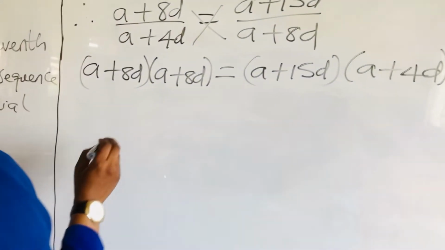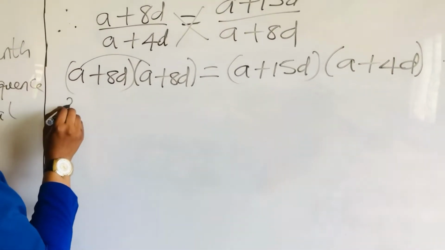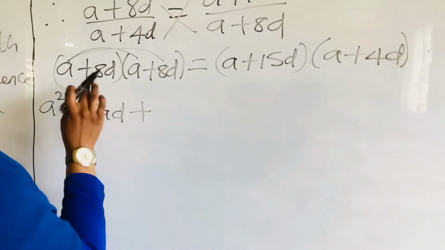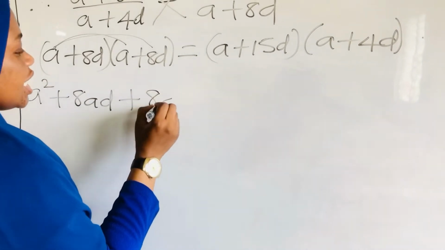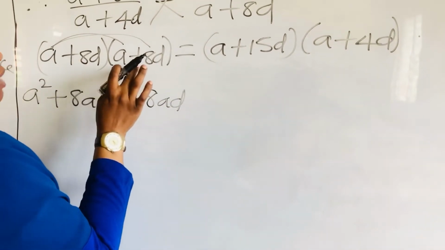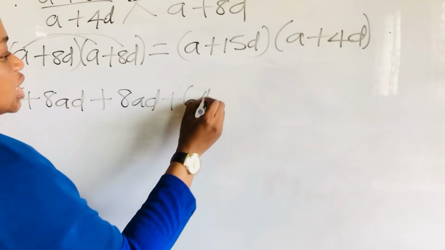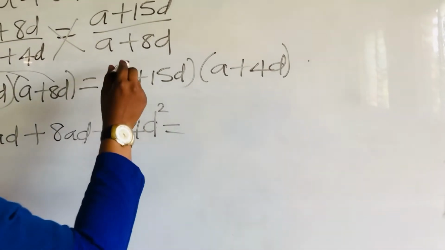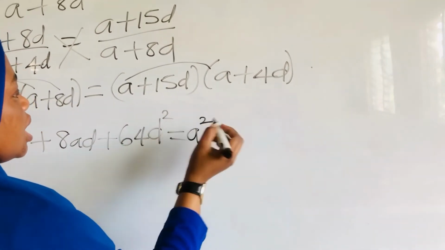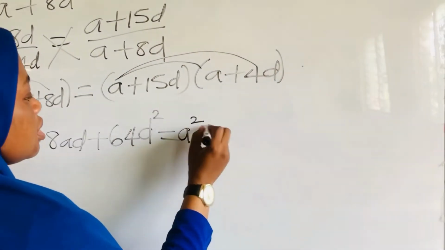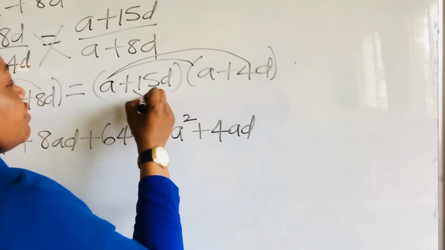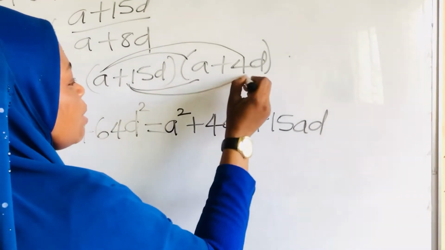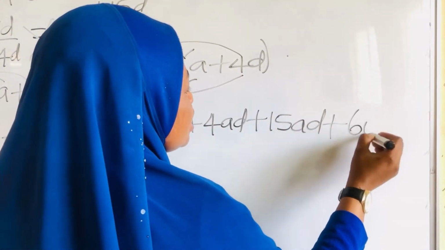So let's do the expansion. a multiplied by a is a squared. a multiplied by plus 8d is plus 8ad, plus 8d multiplied by a is plus 8ad, plus 8d multiplied by plus 8d gives plus 64d squared is equal to a multiplied by a also gives a squared. a multiplied by 4d is equal to 4ad, plus 15d multiplied by a gives plus 15ad, and plus 15d multiplied by 4d gives plus 60d squared.